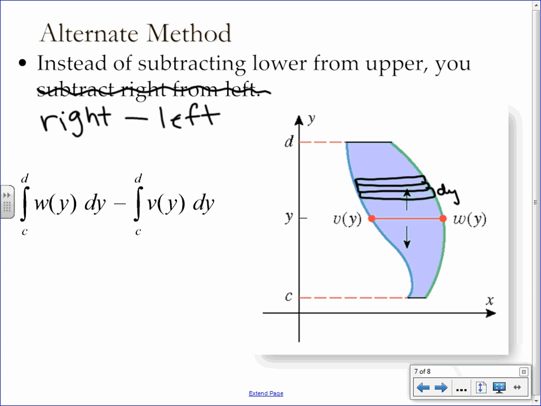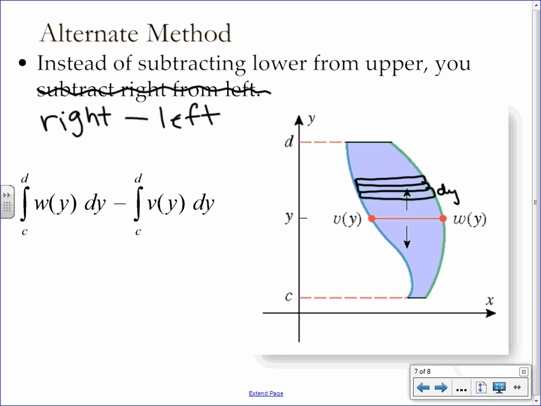So we're going from, in this case, C to B. Whatever the thickness of your rectangles are, that's telling you what variable you're integrating with respect to, which tells you what limit of integration you need. It always helps me to draw my rectangles to remind me.